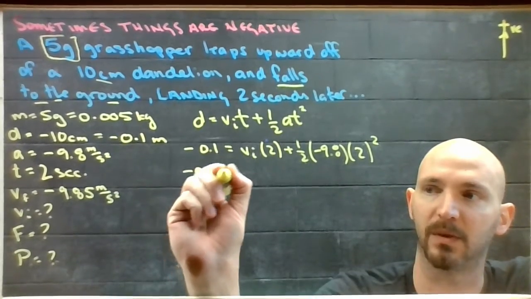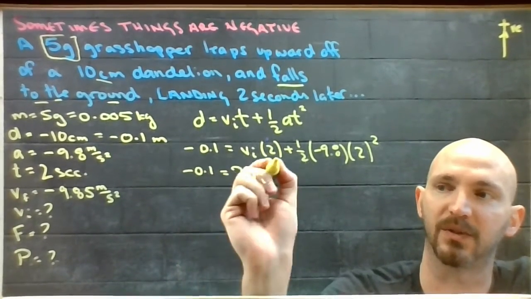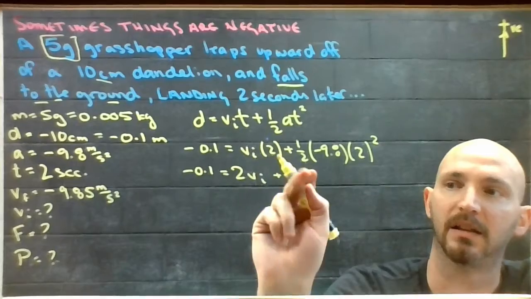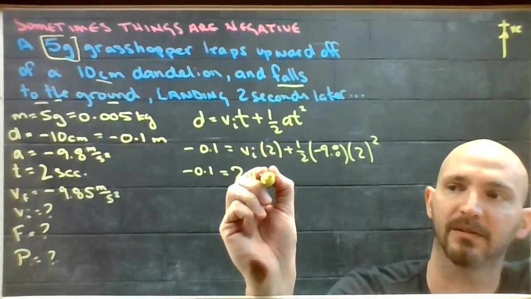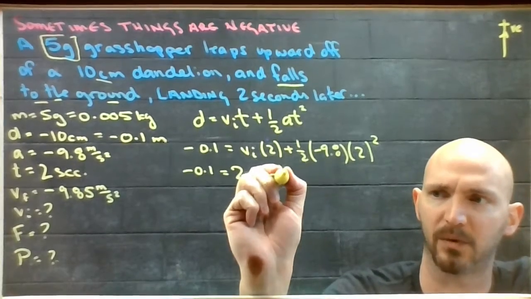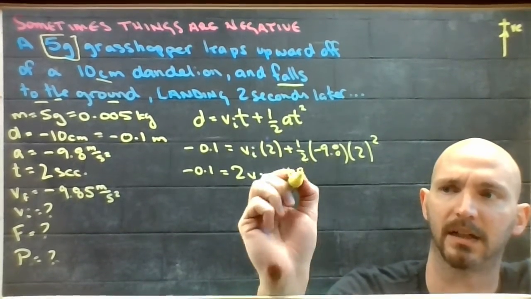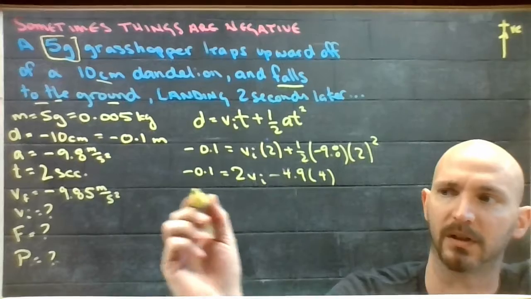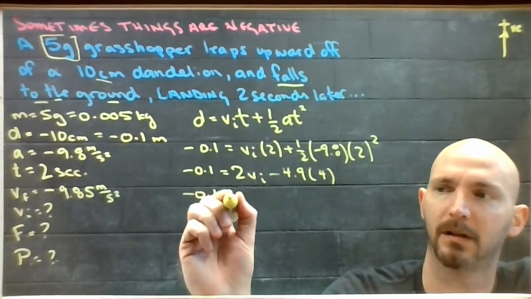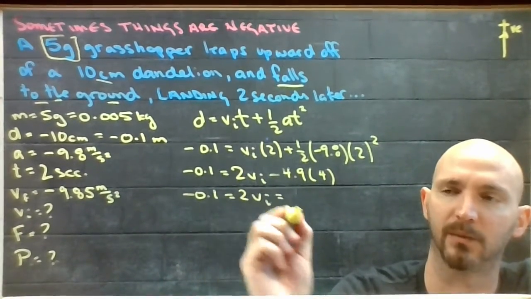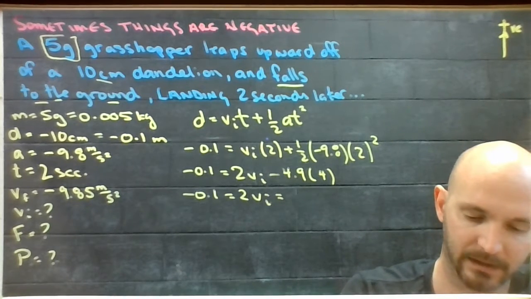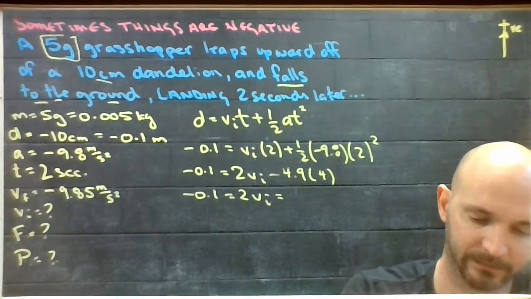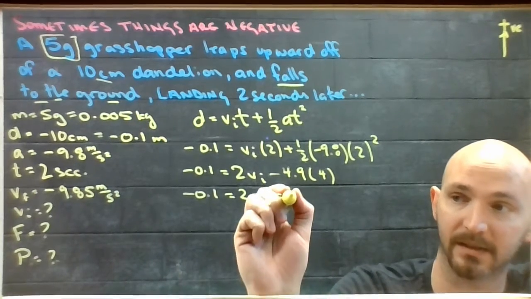Negative 0.1 is 2 initial speed. Now a positive times a negative gives me a negative answer. Half of 9.8 is 4.9. 2 squared is 4. And I have already forgotten what 4 times 4.9 is. 19.6.